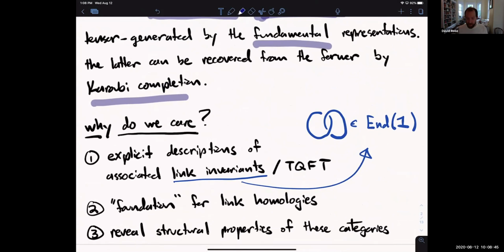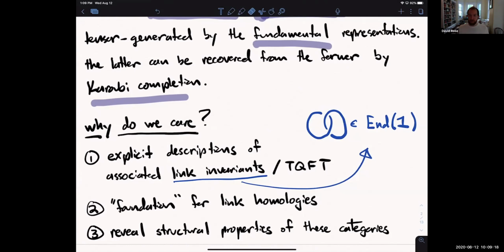Specifically, these categories of quantum group representations are not just monoidal, but they are braided monoidal, which means that if you see a little piece of a knot that looks like a crossing, then you can assign to that some morphism in the monoidal category. And further, these categories end up having a ribbon structure, which ends up effectively just translating to the fact that you get invariants of, I should say, framed knots or links.